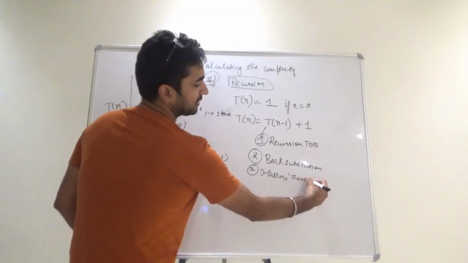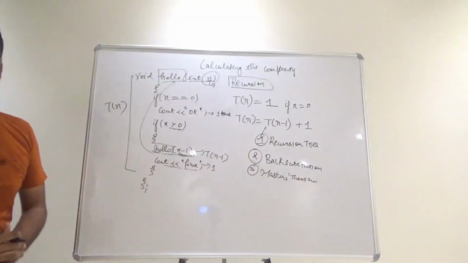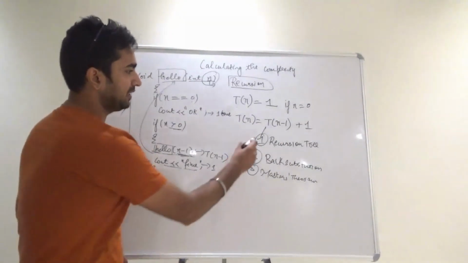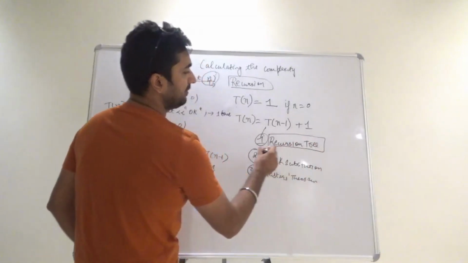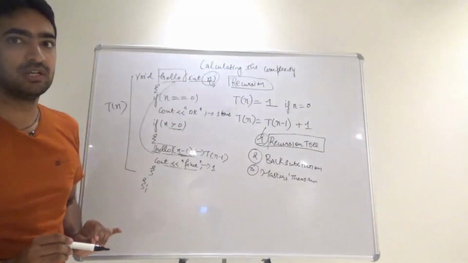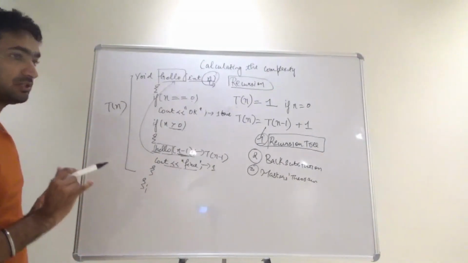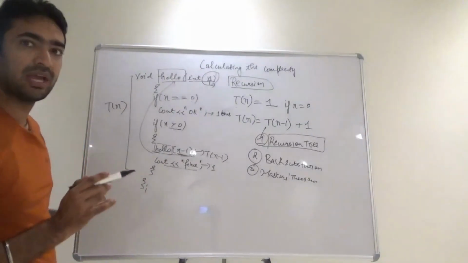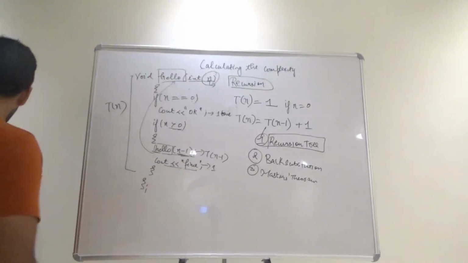We can actually solve this particular part with Master's theorem as well. In this video we will be discussing the recursion tree method and how we are basically going to execute the whole scenario. So just watch the video till the end, and hopefully you will get the idea of how we are going to execute this whole thing.